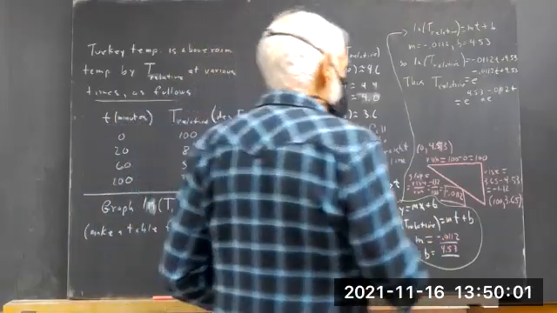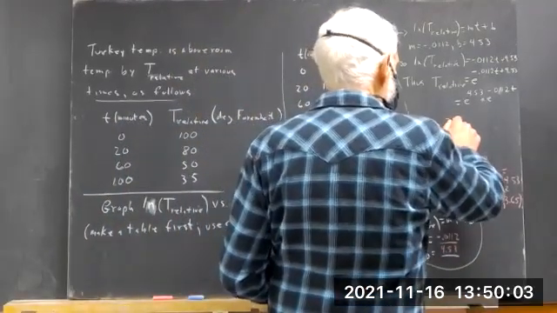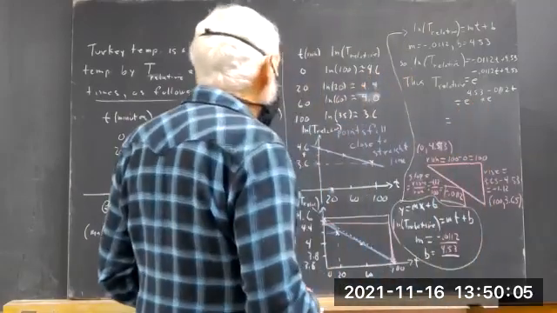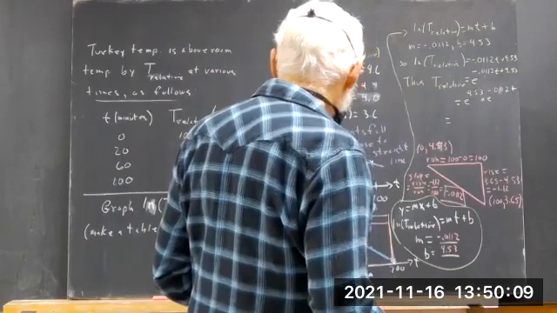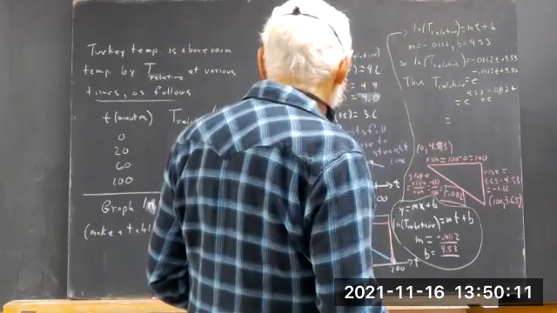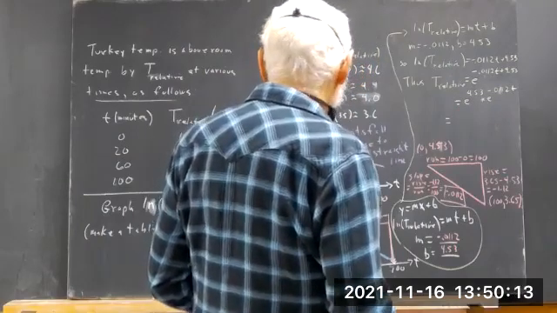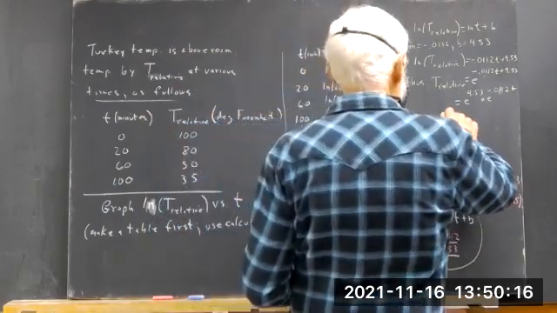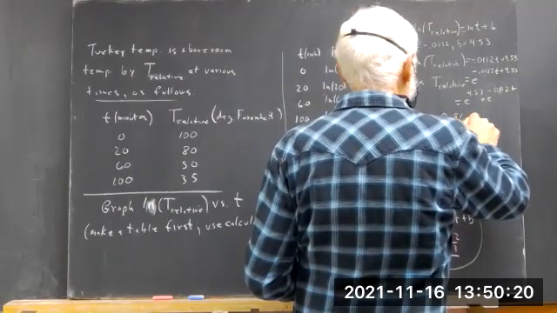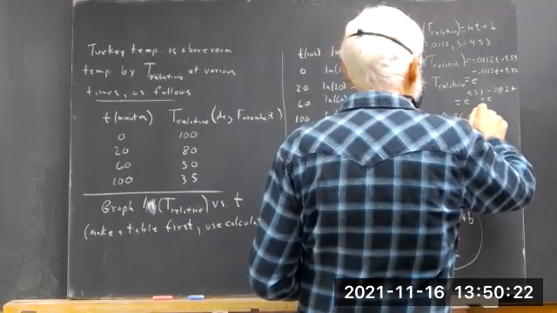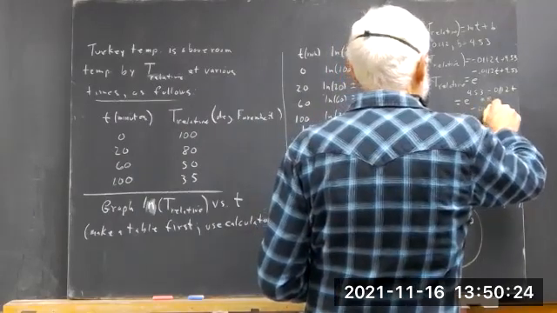Okay. So e to the 4.53 is probably somewhere around 96. e to the negative 0.0112t.